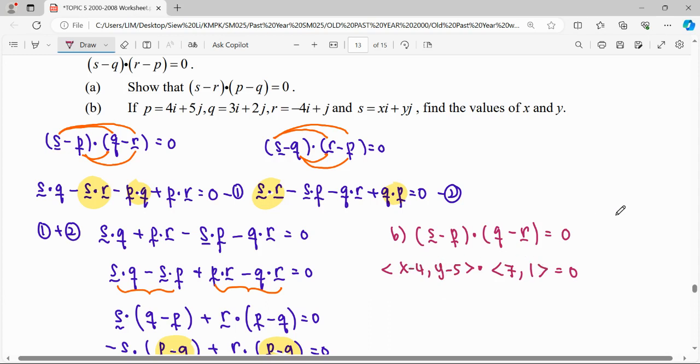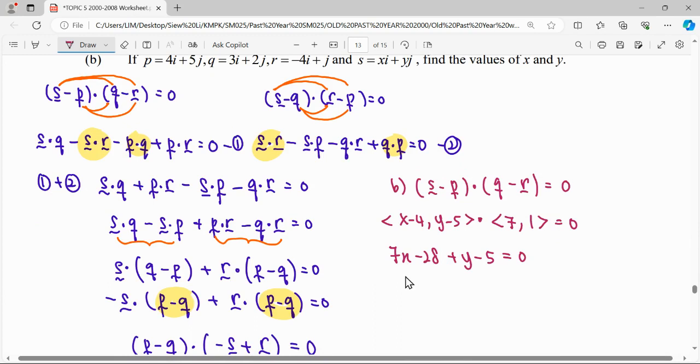So here we have 7x minus 28 plus y minus 5 equals to 0. So here we get the first equation, 7x plus y equals to 33.